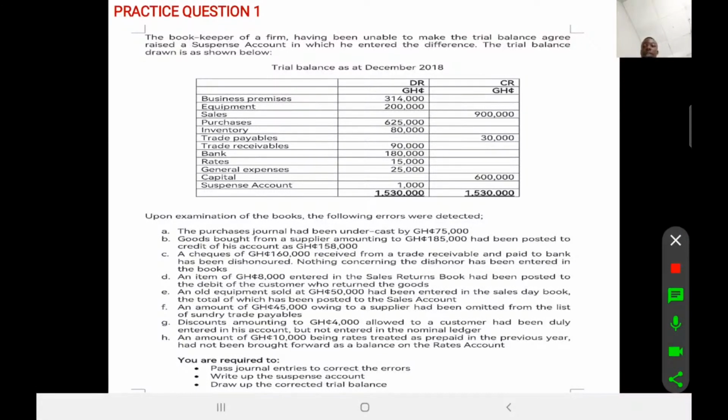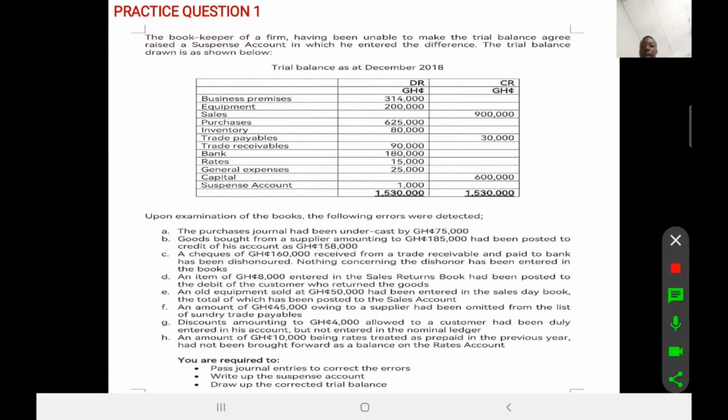The trial balance is drawn as shown below, and they prepared their accounts out towards 31st December 2018. So we have business premises, equipment, sales, purchases, inventory, trade payables, trade receivables, bank, general expenses, capital, and then the suspense account. That was the difference that arose in the trial balance as a result of an error.